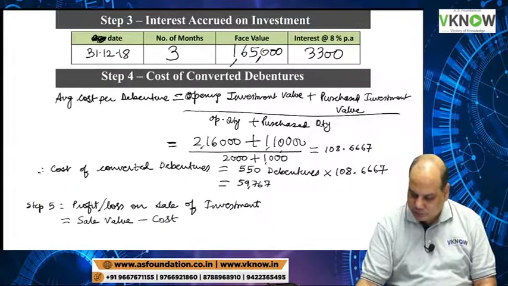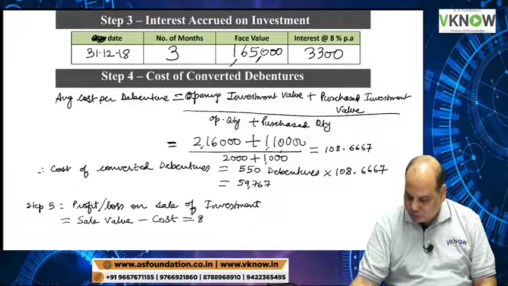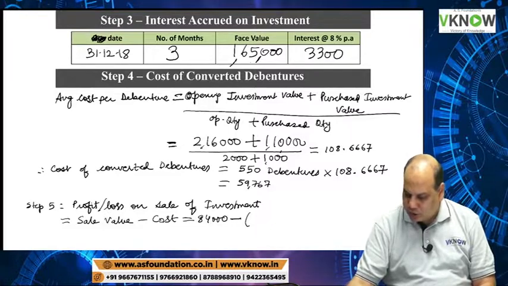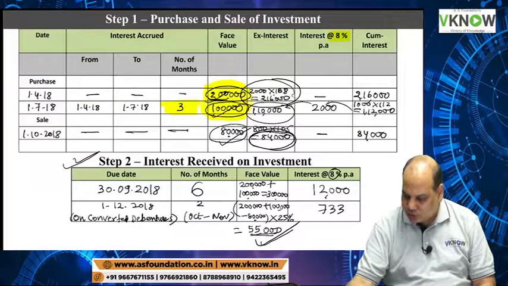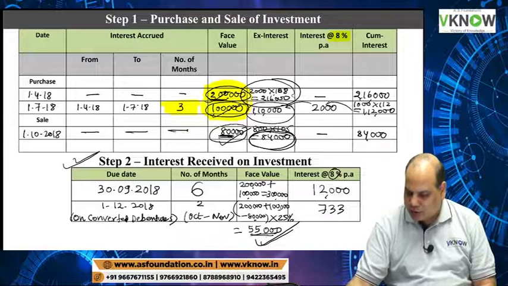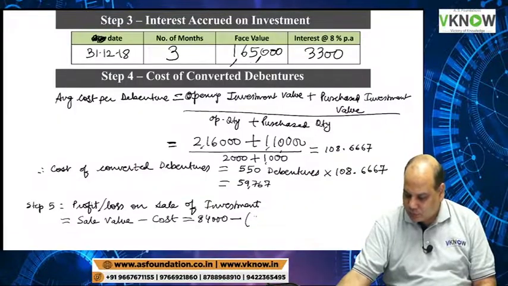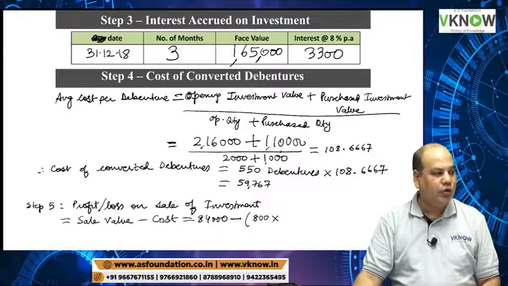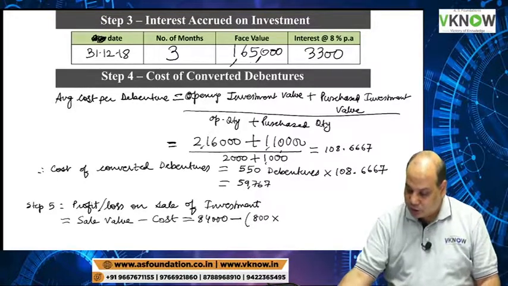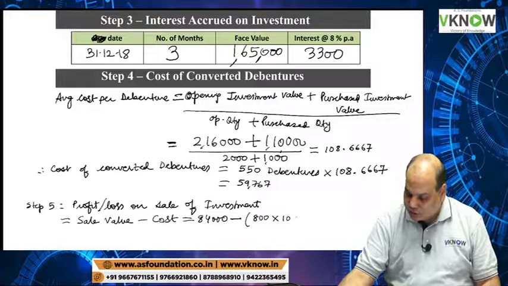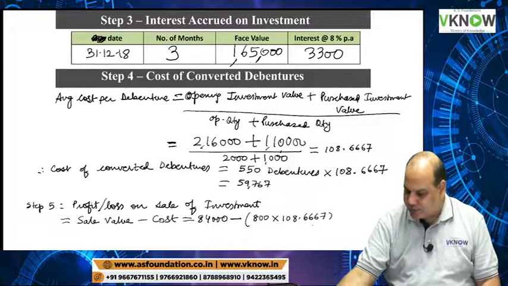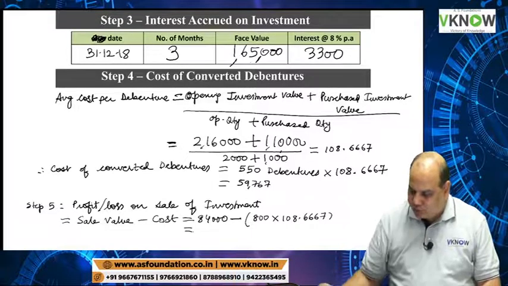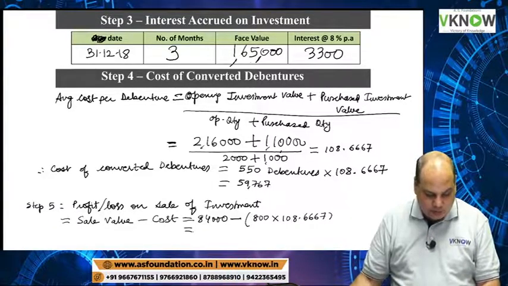Sale value will be this amount, 84,000, and cost will be for the units we have sold. On the screen, 800 quantity we have sold. 80,000 rupees face value is equal to 800, and the cost per unit is 108.6667. So please do the final calculation.